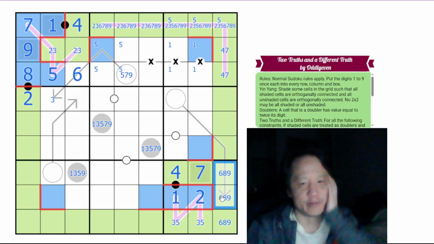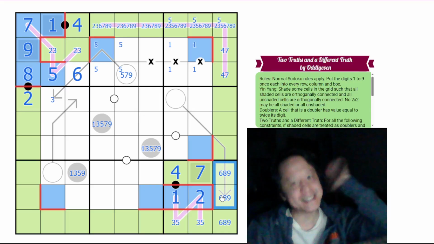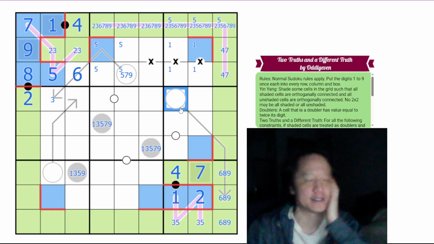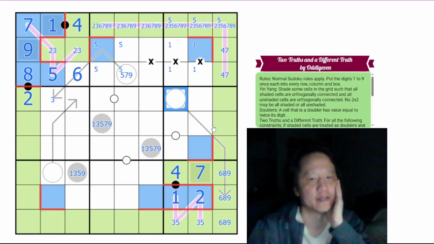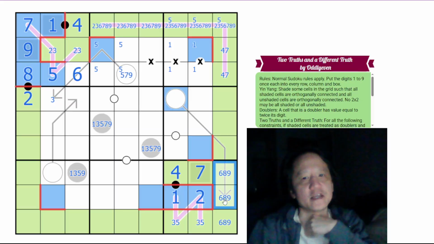Because when it's doubled, you're going to have, at minimum, 6 plus 8, which is 14, doubled, which is 28, which not a single digit, even doubled, can add up to. So this has to be blue. This is green. This already adds up to 6 plus 8 is 14, plus 1 and 2. So it has to be 6 and 8.